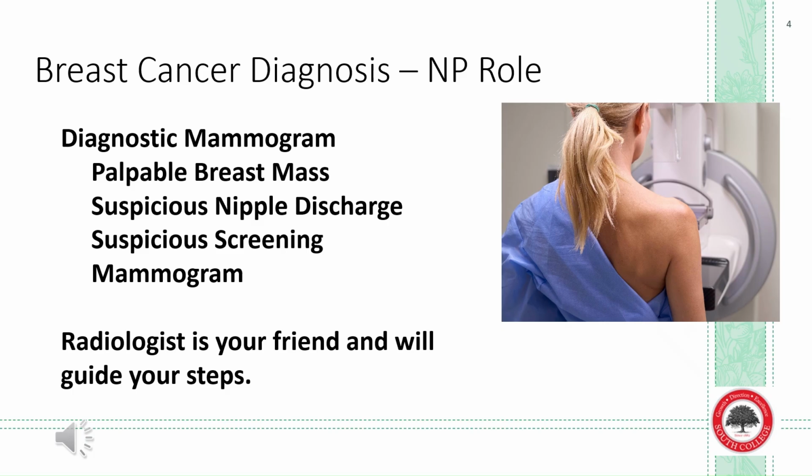A diagnostic mammogram is ordered in patients with a palpable breast mass, suspicious nipple discharge, or a suspicious area on a screening mammogram. Routine screening mammograms are ordered unless they need a diagnostic mammogram.